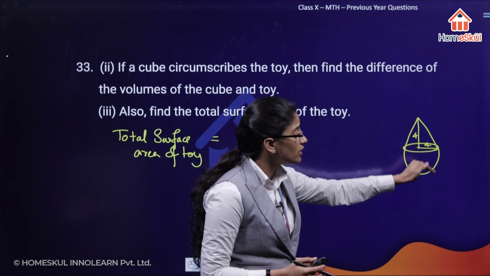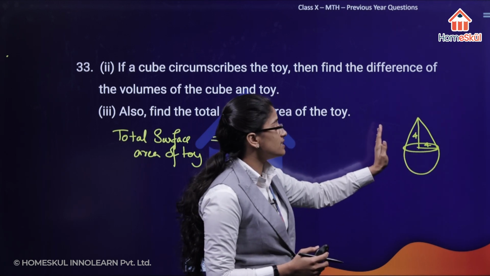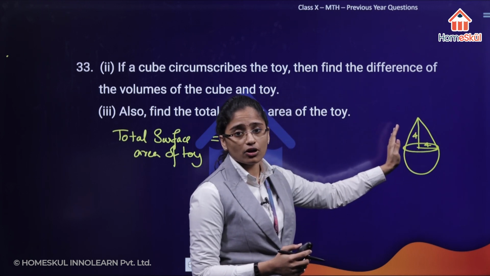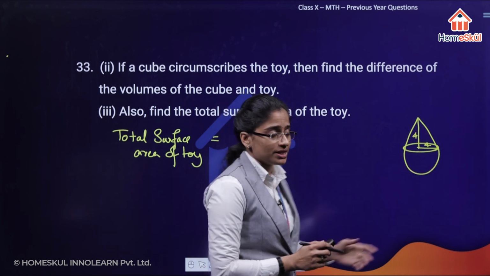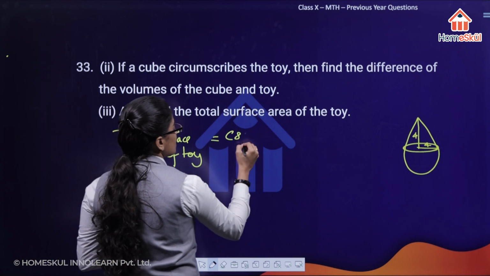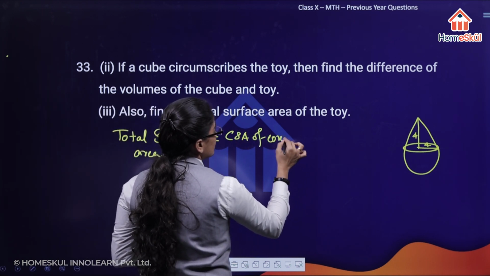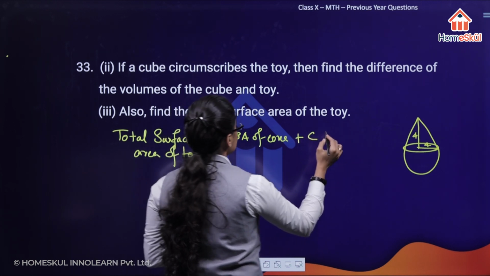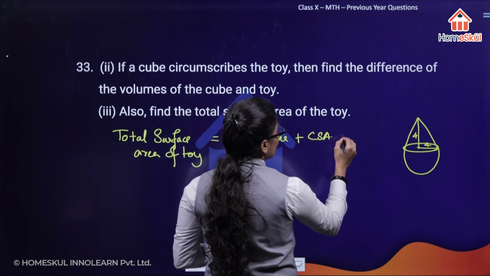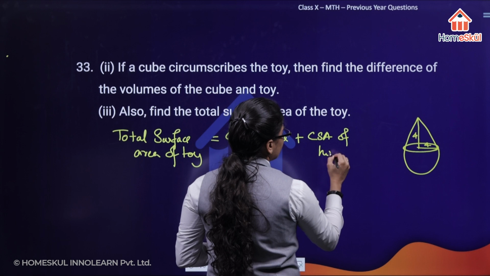We need to find the total surface area of the toy, which means curved surface area of cone plus curved surface area of hemisphere.